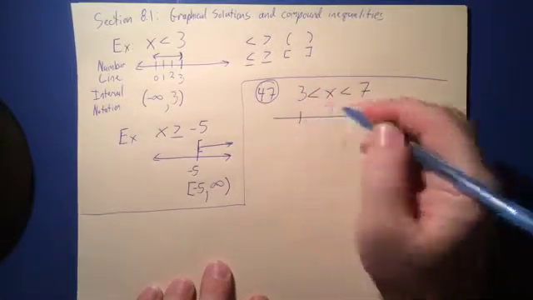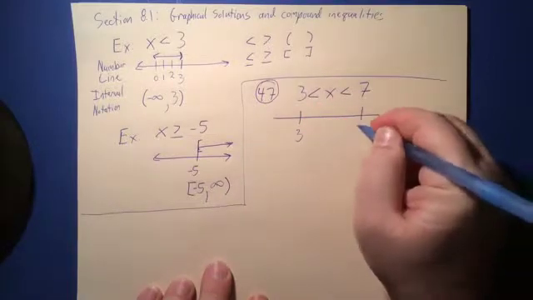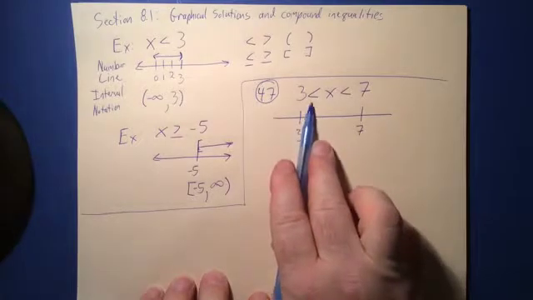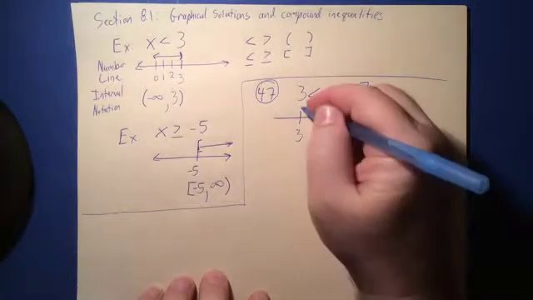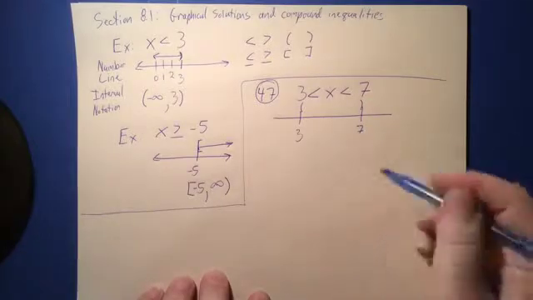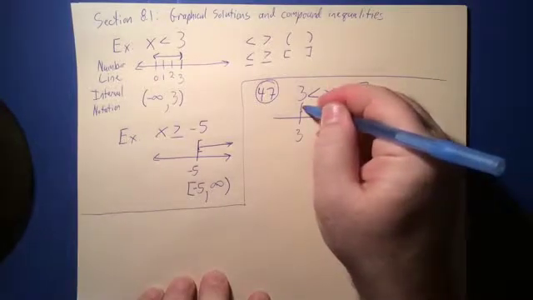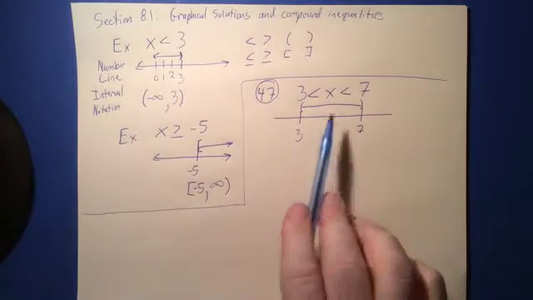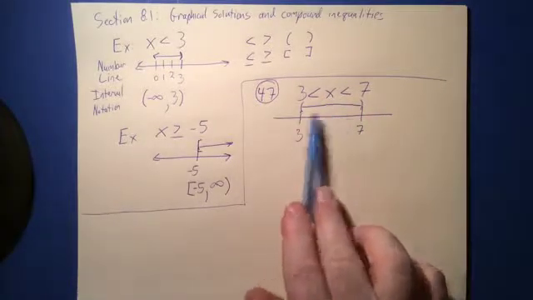So we're going to put the value of 3 here, and we're going to put the value of 7 here. So since we're dealing with less than only symbols, we're going to be using the parentheses here. Okay, and we're going to go ahead and draw a line like so. So we're representing the solutions for x on a number line here.